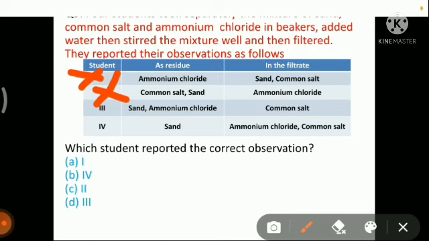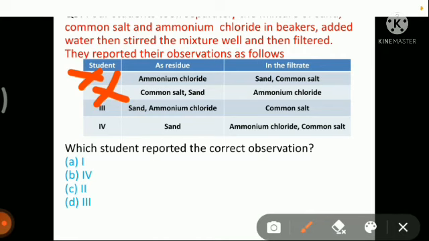Now, ammonium chloride. Ammonium chloride is also a water-soluble salt. Like the sodium chloride you use in the kitchen dissolves in water, ammonium chloride also dissolves in water.